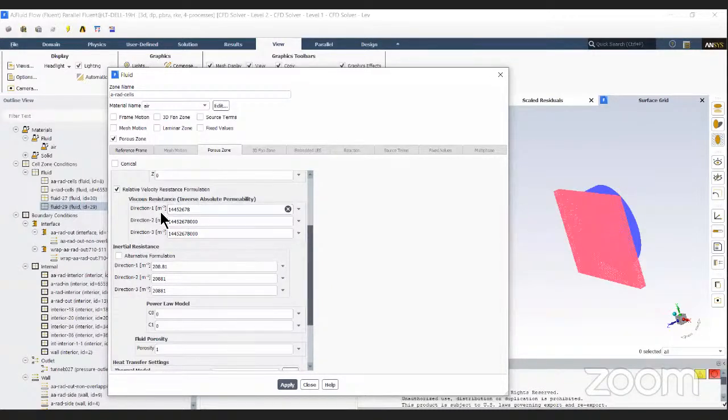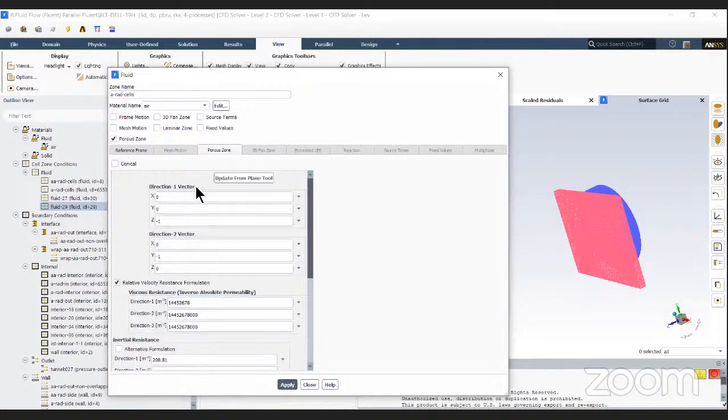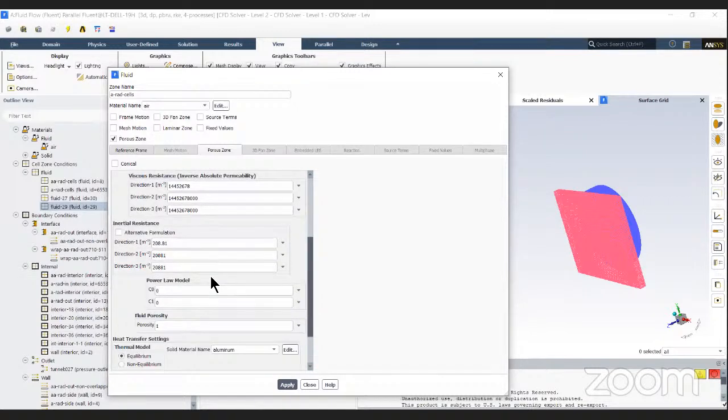So whatever value you get for D and C, just multiply that by 1,000 or by 100 and make sure that those are the coefficients mentioned in the other two directions. So this way you are ensuring that flow is only going to move in direction 1 vector. It's not going to travel in direction 2 and direction 3 vectors.